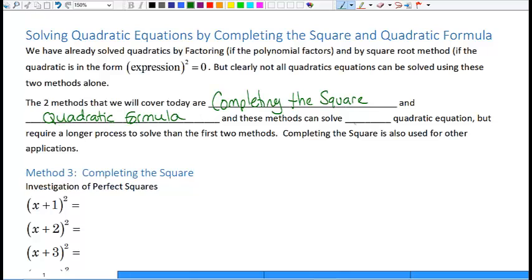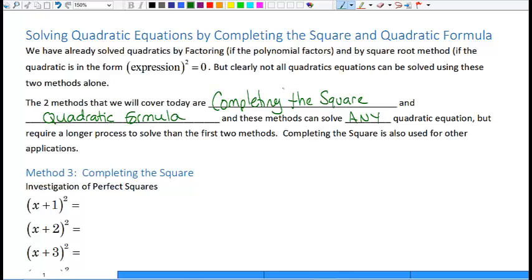And these methods can solve any quadratic equation, but both of them require a little bit longer process to solve than the first two methods, the square root method and the factoring. So although these are great because they can solve any of them, they are a bit longer. Now, completing the square is also going to be used for other applications in the next class. So completing the square is important to note for future reference.